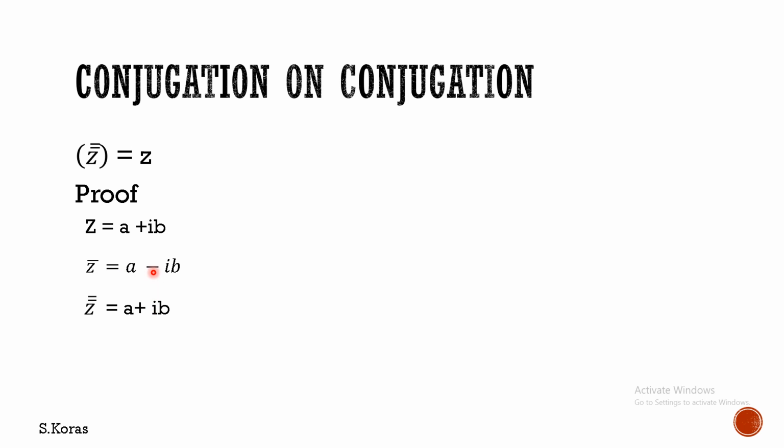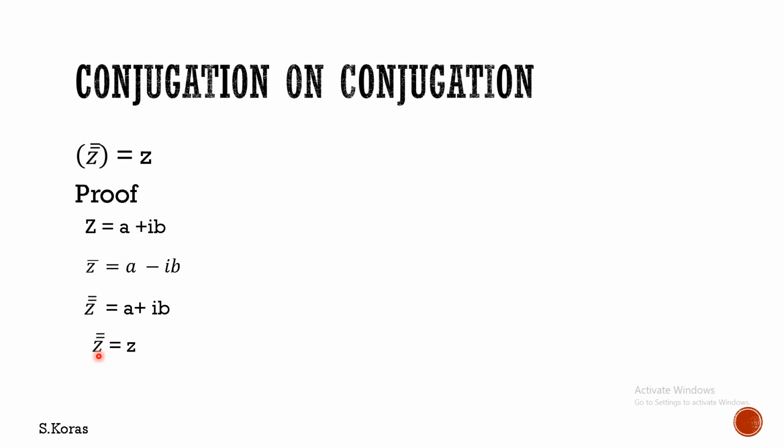So if you change the sign of the imaginary part, minus I will become plus IB. You know from the beginning that A plus IB is nothing but Z. So instead of A plus IB, we can write Z. So our answer becomes Z bar the whole bar is equal to Z.